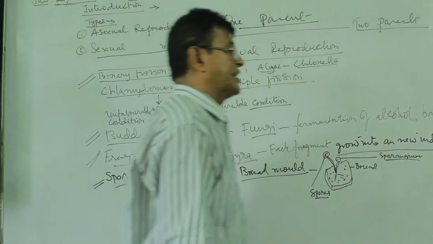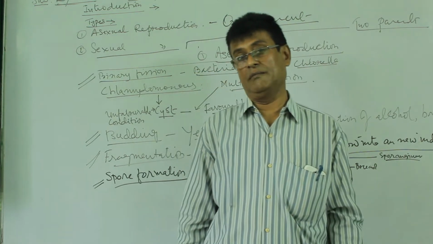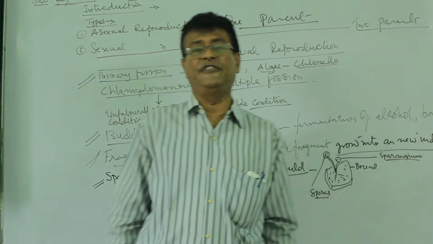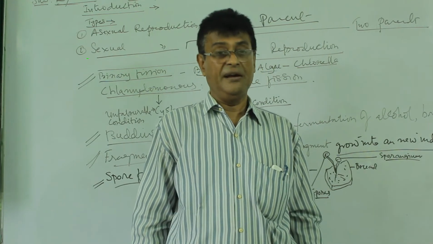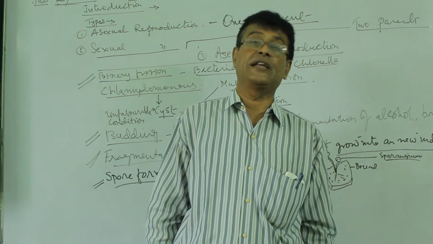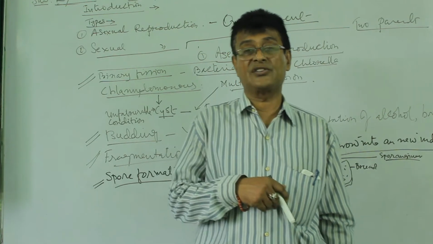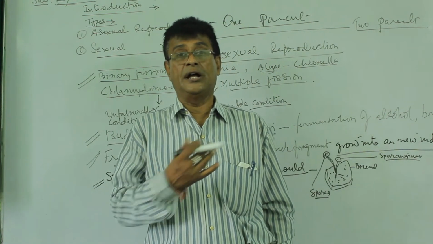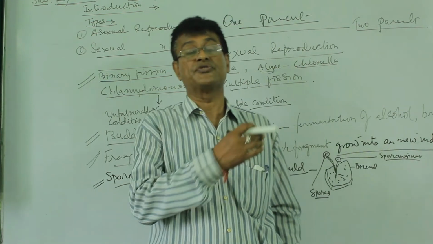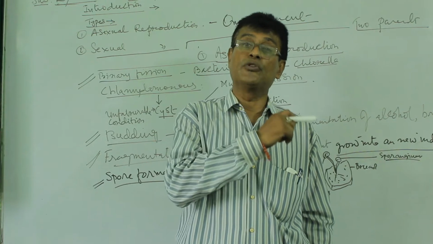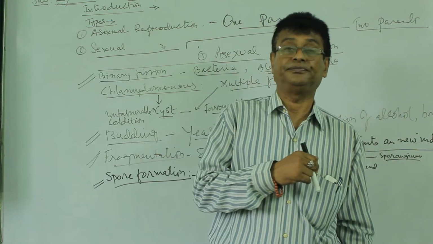The second type of reproduction is known as budding. Now you know a very common name, yeast. Yeast is a fungus and it helps in various ways. You eat cakes, breads, and sometimes idli and all those; yeast is put in them.